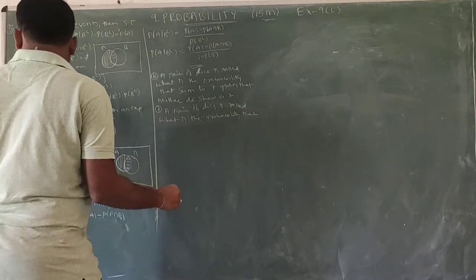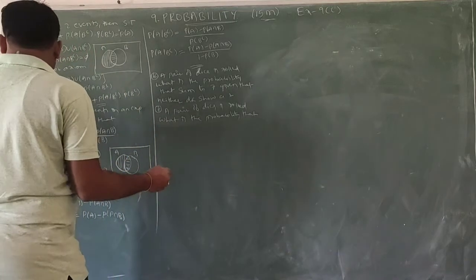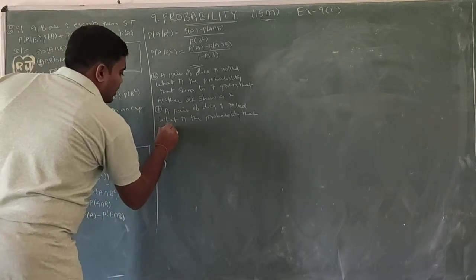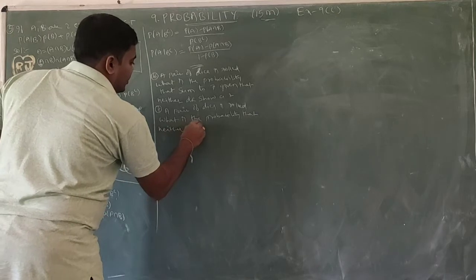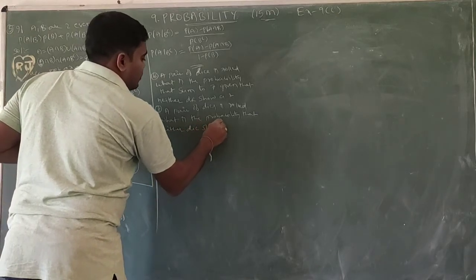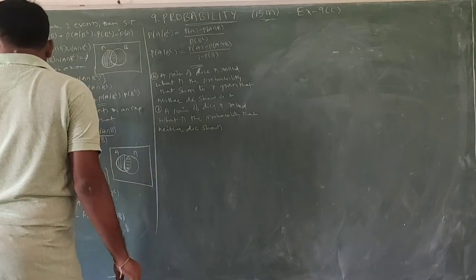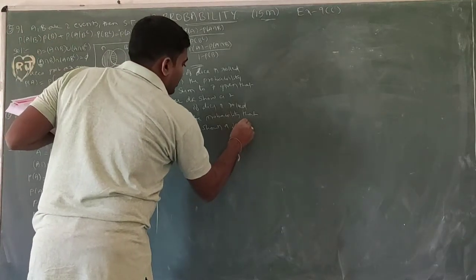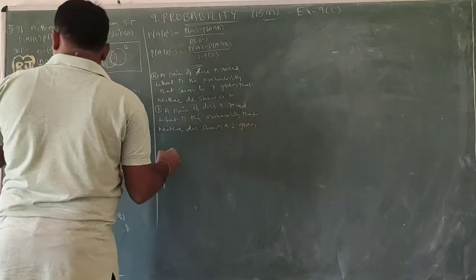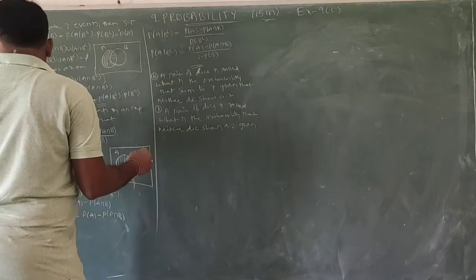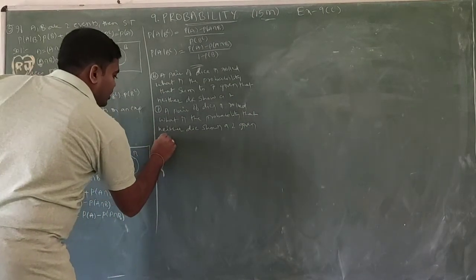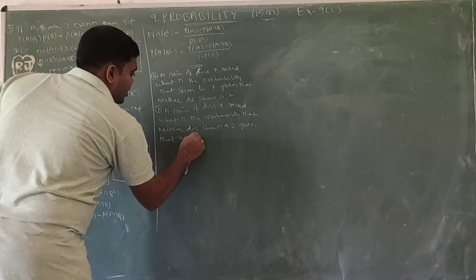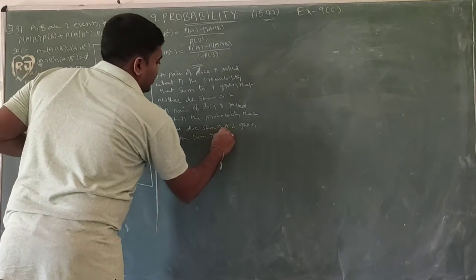What is the probability that neither die shows a 2, given that the sum is 7?